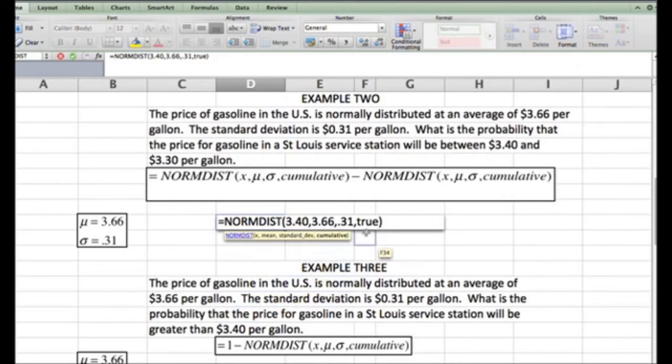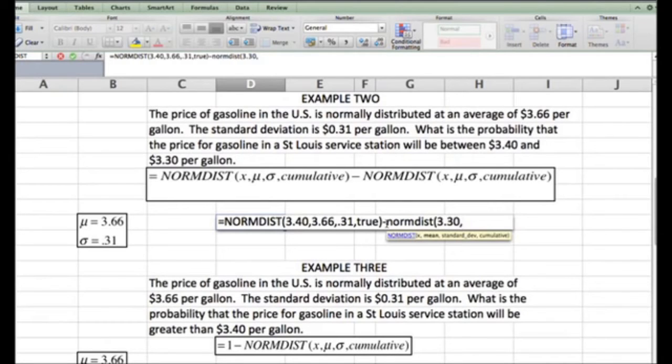Then we would enter, on the other side of the parentheses, a minus sign, and now we would re-enter normal distribution. Again, we will ask for the variables. In this case, the lower number is going to be $3.30.